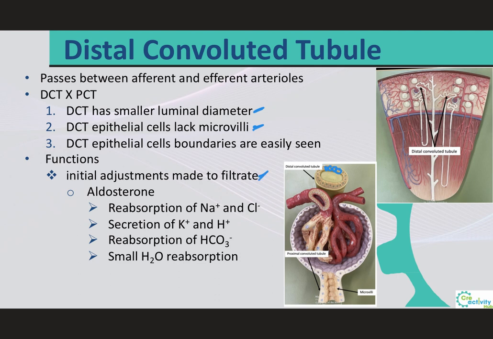Remember, the filtrate is the fluid that was initially filtered from the blood entering the glomerulus. Under the influence of the hormone aldosterone, sodium is reabsorbed, followed closely by the chloride ion, then potassium and hydrogen ions are secreted into the tubule, and almost all remaining bicarbonate is reabsorbed.